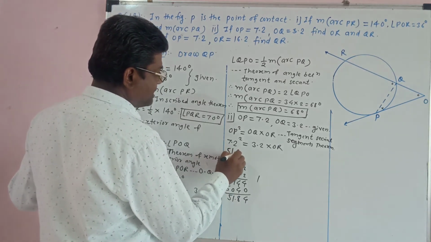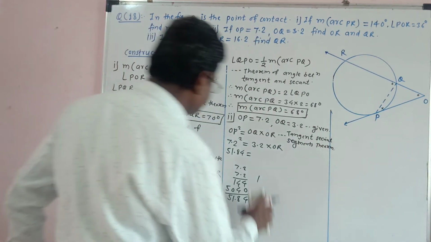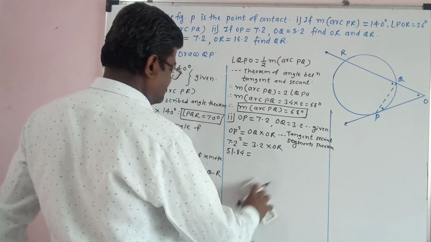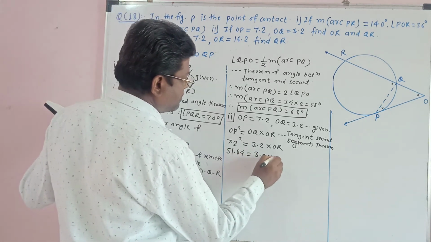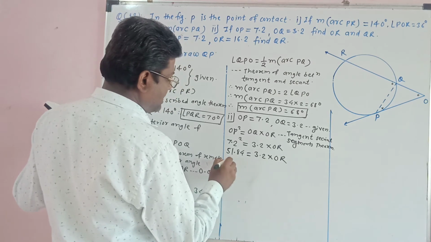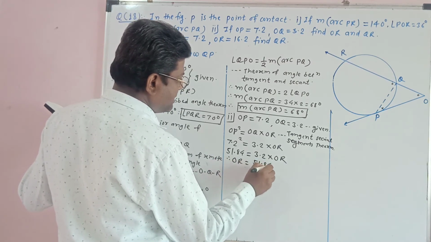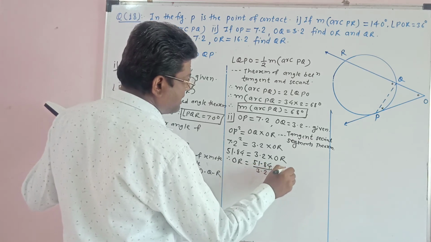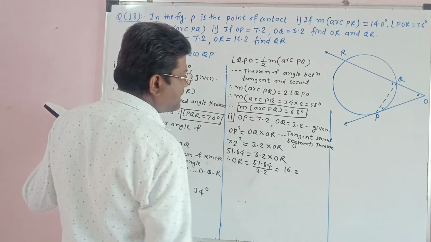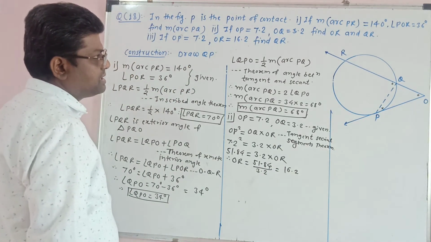So 51.84 is equal to 3.2 into OR. Therefore OR is equal to 51.84 upon 3.2. If we divide this, we get 16.2. OR is equal to 16.2.